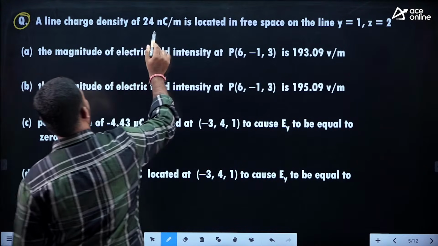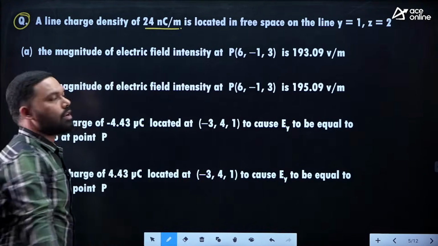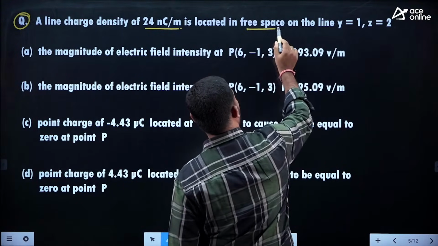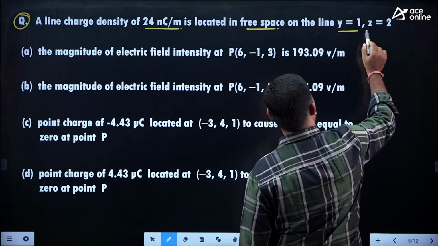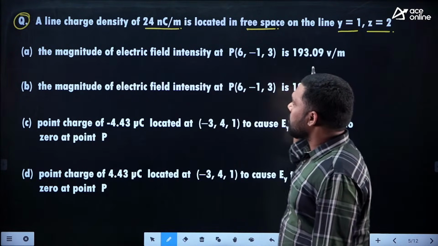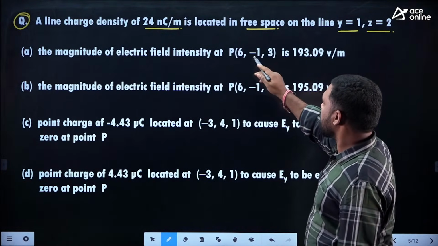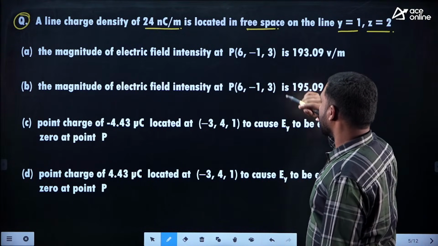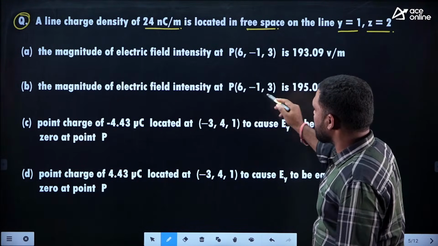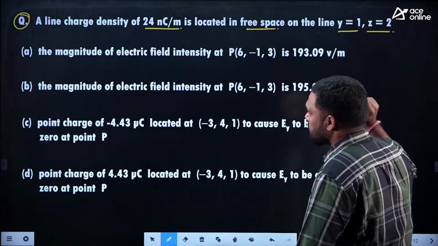A line charge of density 24 nanocoulomb per meter is located in the free space on the line y is equal to 1, z is equal to 2. First part is the magnitude of the electric field intensity at 6 comma minus 1 comma 3 is this one. The second one, the magnitude of the electric field intensity at 6 comma minus 1 comma 3 is this one.